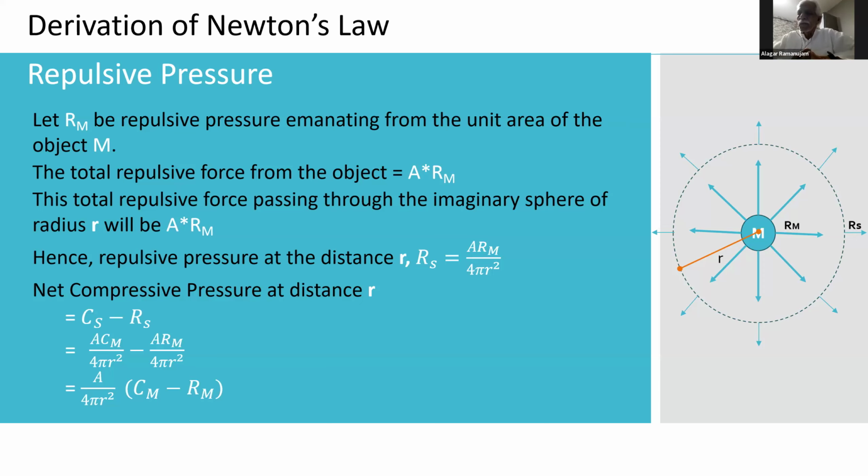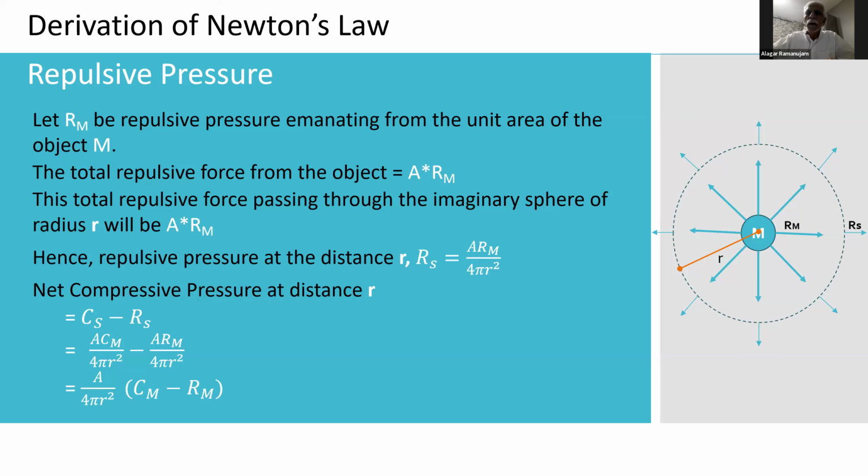So the difference will be the inward pressure. That is what we have written on the left-hand side. So Rs equals the total repulsive force coming out, A into Rm, divided by 4 pi r square, since it is acting on the sphere of radius r. That is the repulsive pressure on the surface of the sphere.